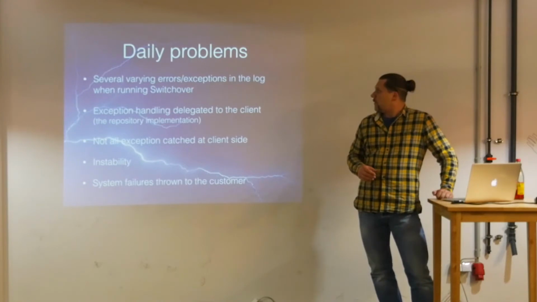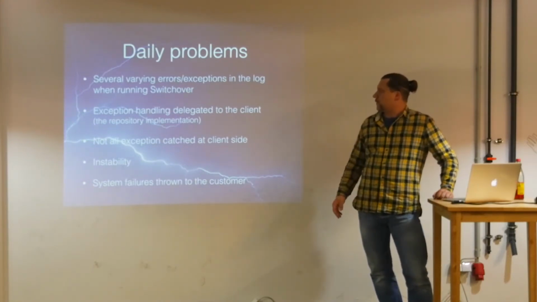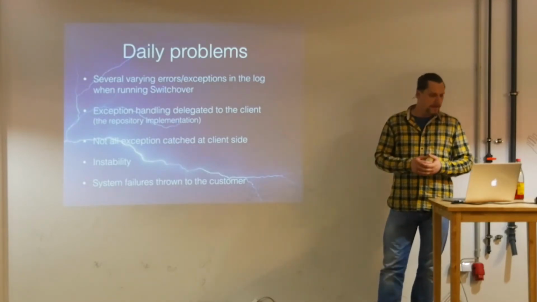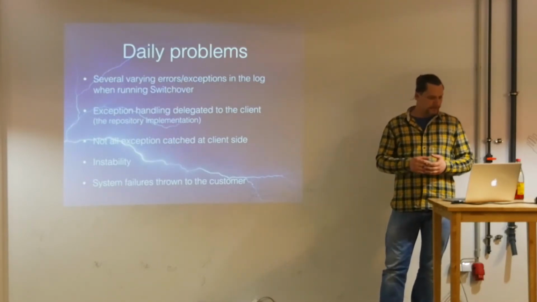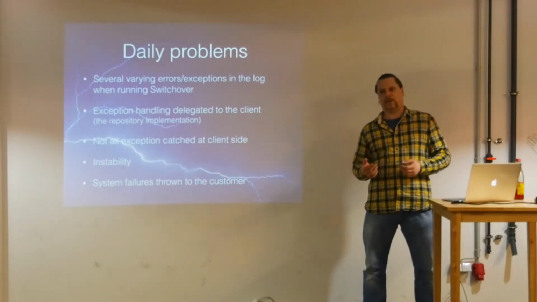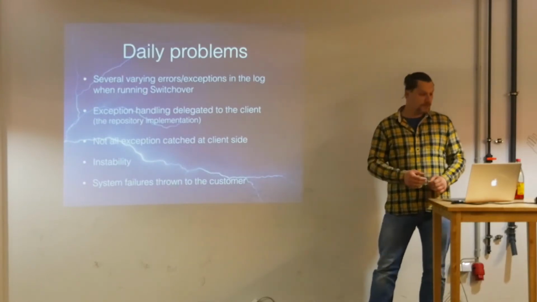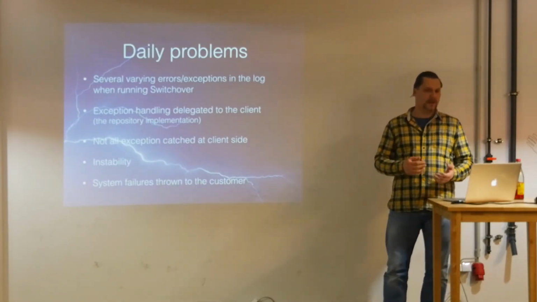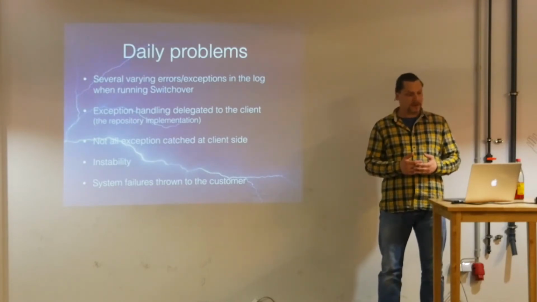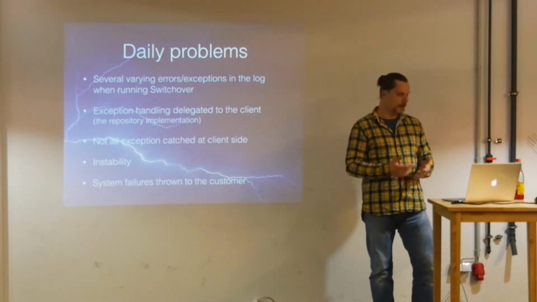The trouble was, the easiest thing was we had a lot of exceptions in the log when we drive the switchover. Okay, we can handle that, but sometimes the client, the repository, has to handle these exceptions. Every repository, every method has to handle these exceptions, and sometimes new exceptions arise. The client forgets to handle the new exceptions, and what happens?